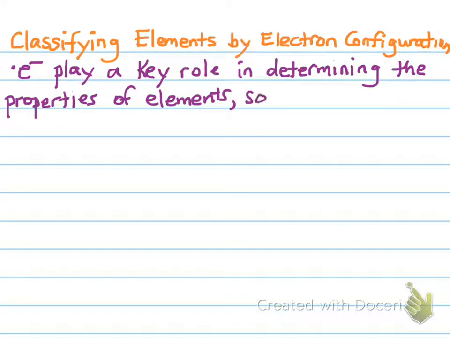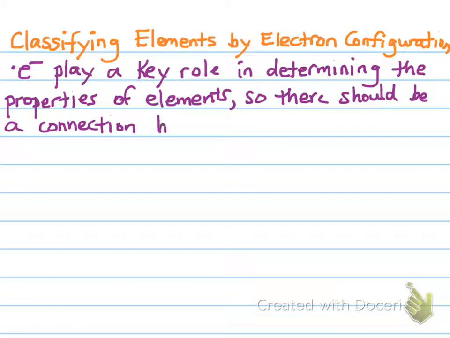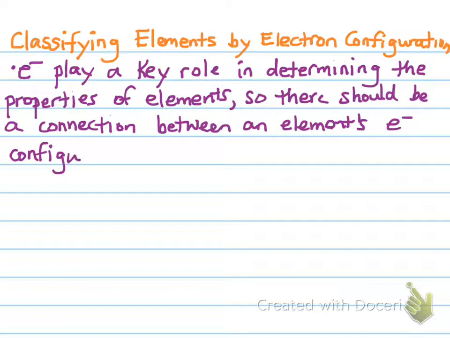So there should be a connection between an element's electron configuration and its location on the periodic table.